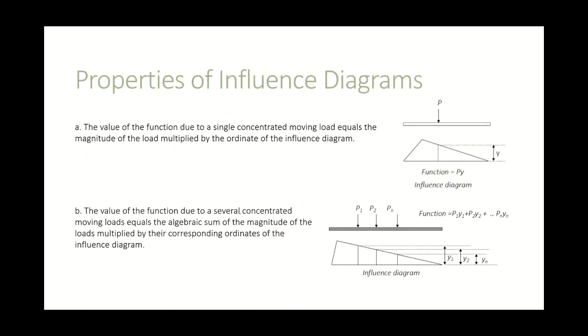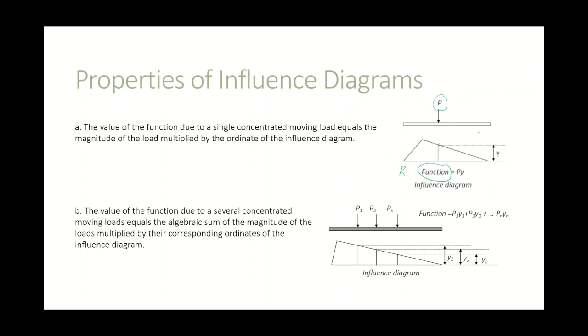Okay, so properties of influence diagram. So, for example, this is the influence diagram. Now, for us to compute for the function, say for example the function is the reaction, all you need to do is multiply the moving load by the height of the ordinate at that point.